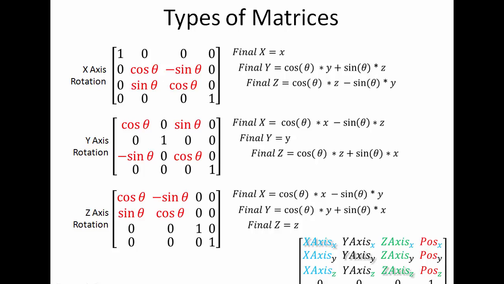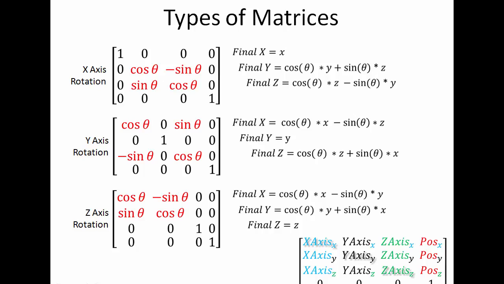And then if you look at the matrix that matches up with that, you'll see basically the same thing. You'll see how we've taken that 2D rotation formula and put it into the matrix. So in the top row, we've got cosine theta, or the cosine of the angle, and the negative sine of the angle, which you see in the final x formula.